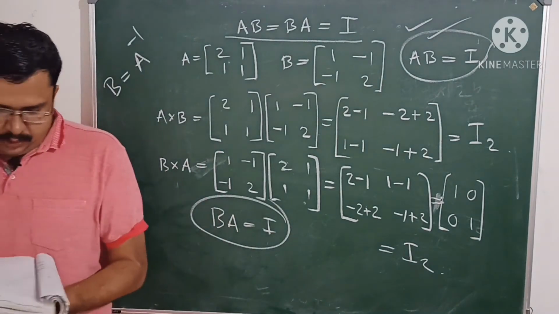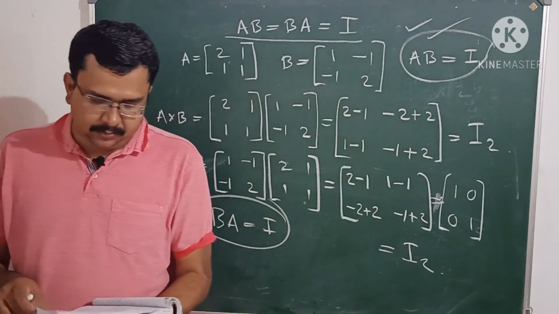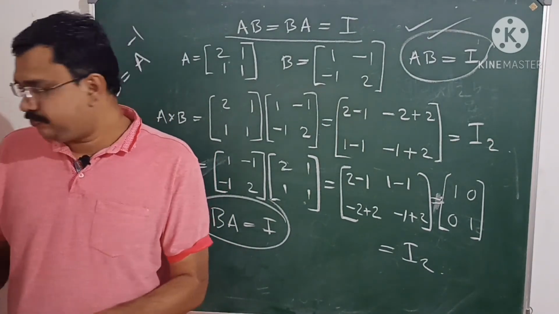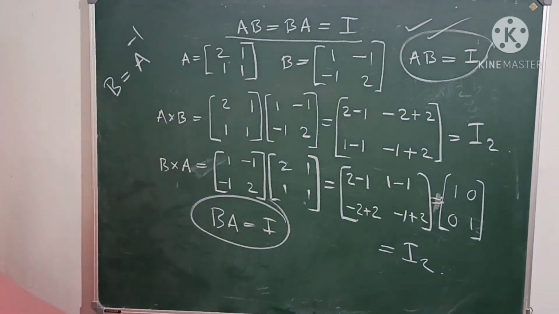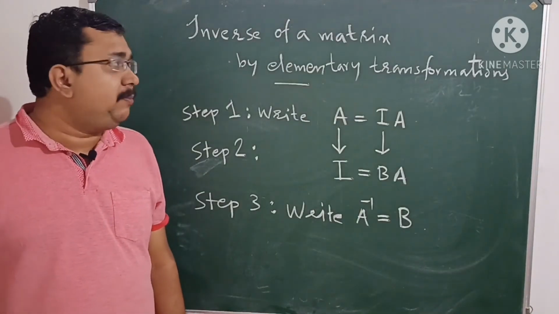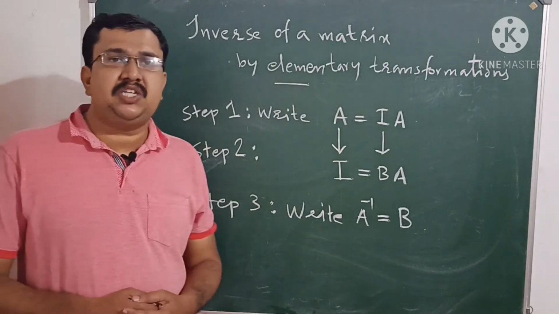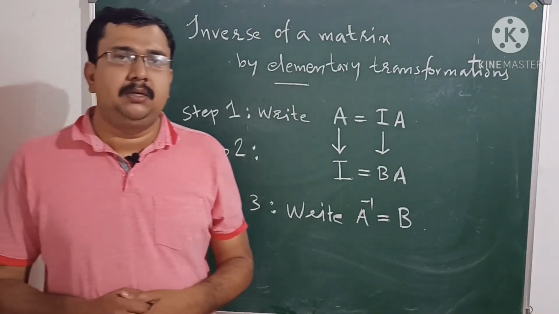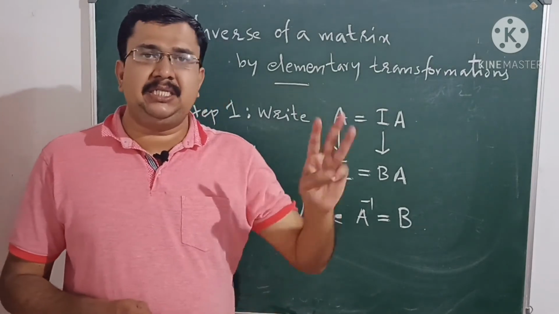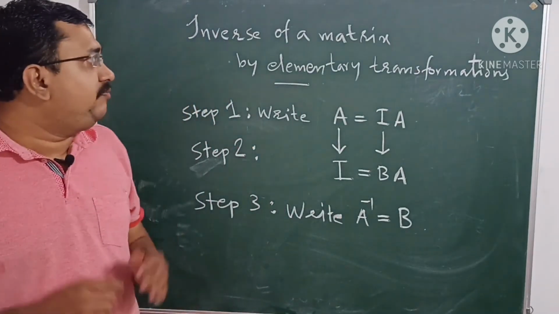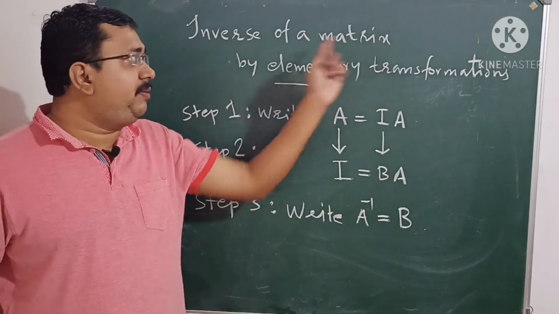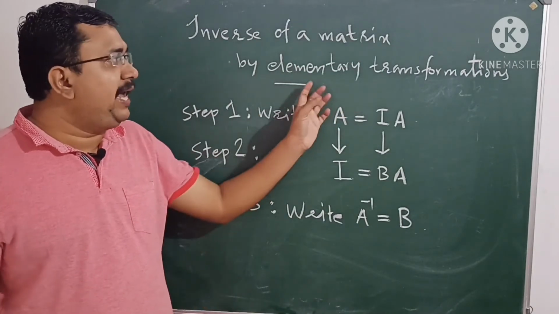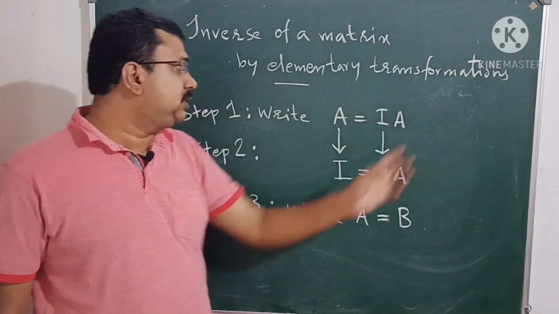Now we can move to another section. Now we are studying how to find the inverse of a matrix by elementary transformations. Very important. Only 3 steps are there. We want to find the inverse of a matrix by using elementary transformations.